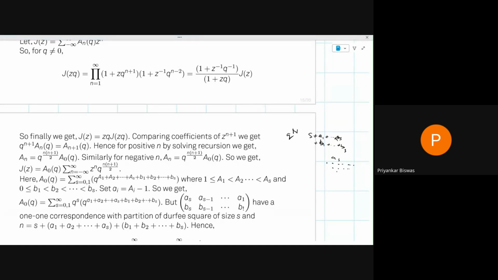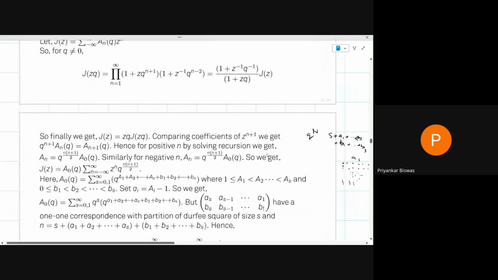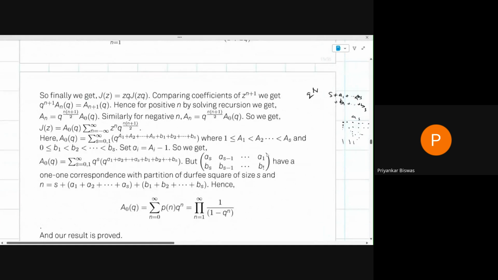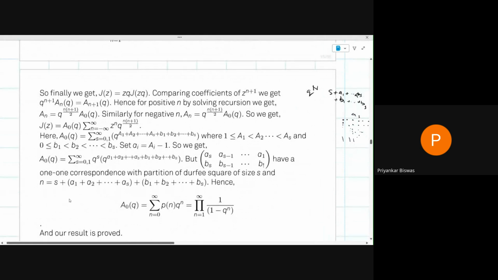Go on like this and complete, as many dots here, and now b_s from here to here, b_s minus 1 from here to here, and go on like this. This would give a partition. This is nothing but the construction of what we did in the Frobenius symbol. So the coefficient of q power n is the partition of n.